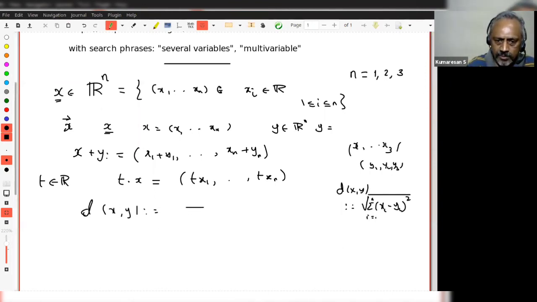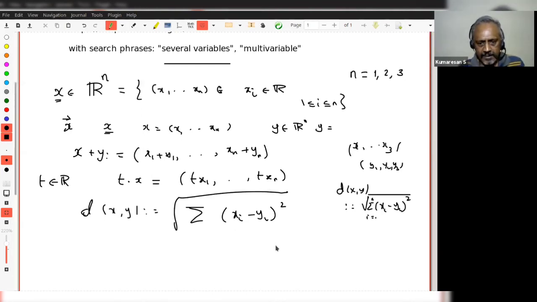Here also we do the same thing: take xi minus yi, take its square and then take its root. This is what is known as the distance.